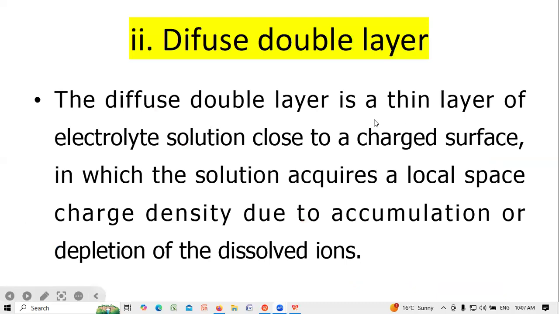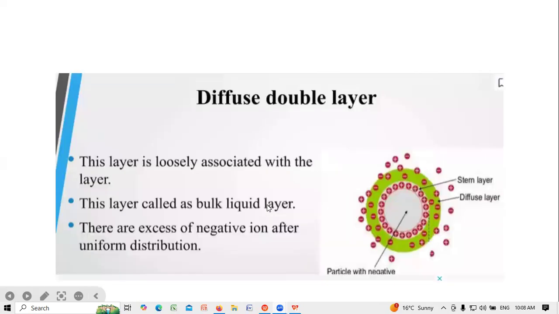Diffuse layer: the diffuse layer is a thin layer of the electrolyte solution close to the charged surface or Stern layer, in which the solution acquires a local space charge density due to accumulation or depletion of the dissolved ions. This is the diffuse layer, on the outer side.